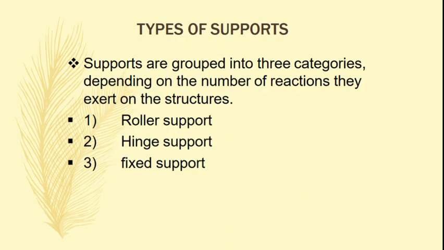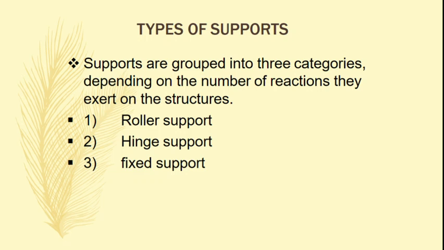Now we have to know the different types of support, because every beam has some supports. Without support, a beam cannot stay in position. Therefore we have to understand the supports, because every support gives some reaction forces.